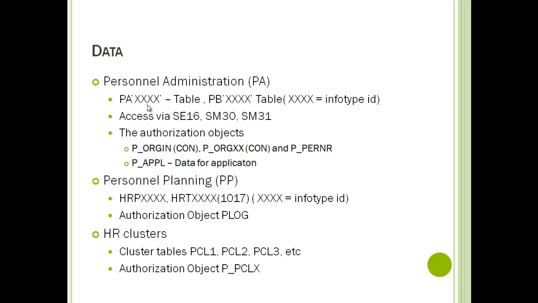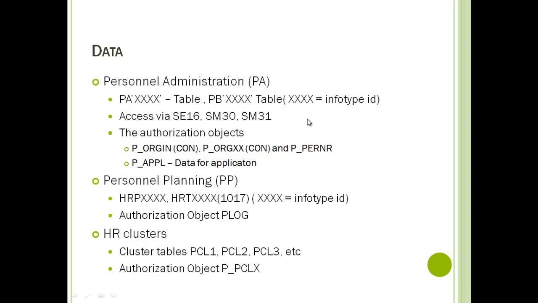Let's say basic pay: the table storing basic pay will be PA0008, because the infotype for basic pay is 0008. So the table which saves the basic pay is PA0008.